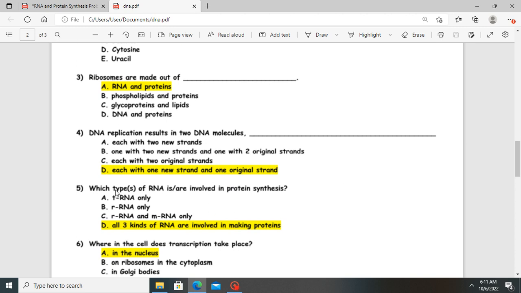Which type or types of RNA are involved in protein synthesis? So the three types of RNA: messenger RNA, transfer RNA, and ribosomal RNA. Which of them are involved in protein synthesis? So the three are involved in protein synthesis. So the answer is D, as chosen.